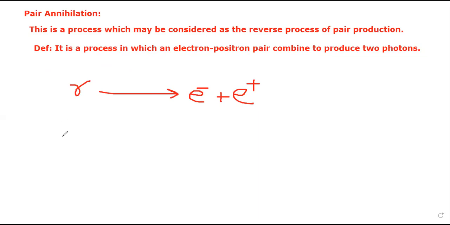Now, let us consider a chemical reaction. For example, here we have H positive and OH negative, which produces H2O.